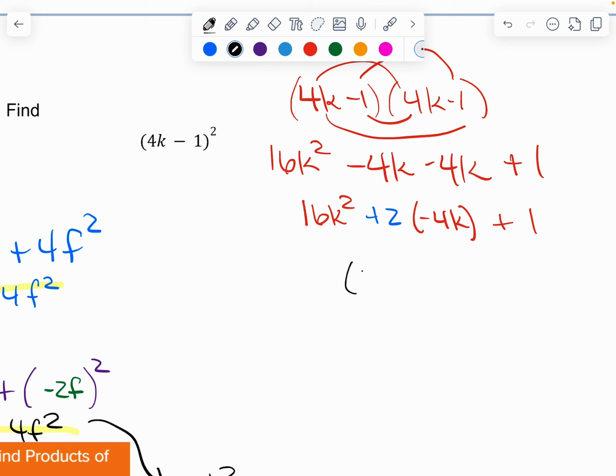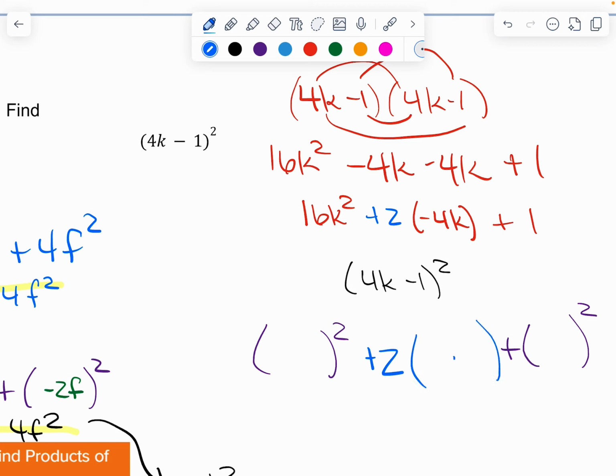I have 4k minus 1 all squared. I take the first term and I square it. I take the last term and I square it. Plus 2, parentheses, and they're multiplied together. So I take the 4k here, and I take the negative 1 there, multiply that out.